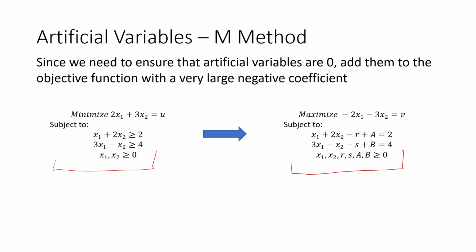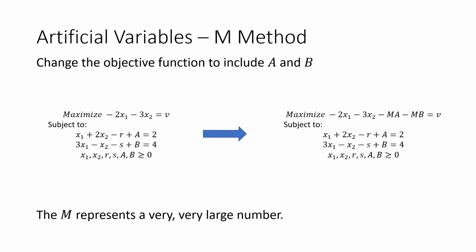Well, here's a little trick. We are going to maximize that, but we're going to add the artificial variables in. We're going to maximize negative Ma minus Mb, where M is a very large positive number.